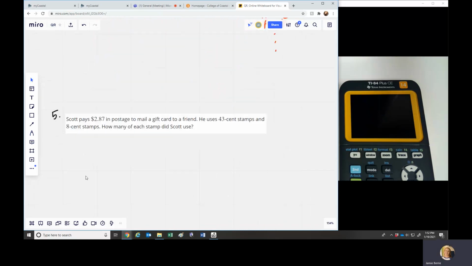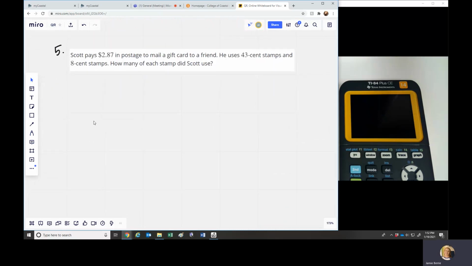Okay, and then the last one, this is a more challenging problem. It says Scott pays $2.87 in postage to mail a gift card to a friend. All right, so he's spending $2.87 in total. It says he uses 43-cent stamps and 8-cent stamps. How many of each stamp did Scott use? All right, so let's think about what it's asking for here.